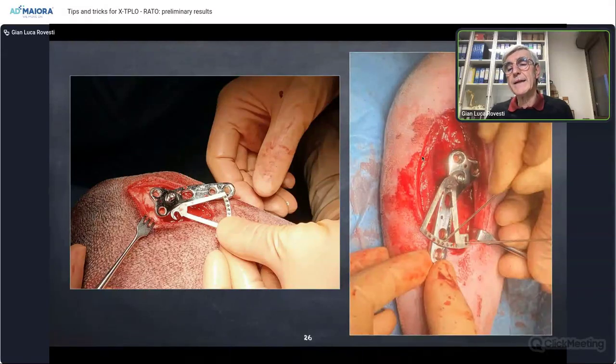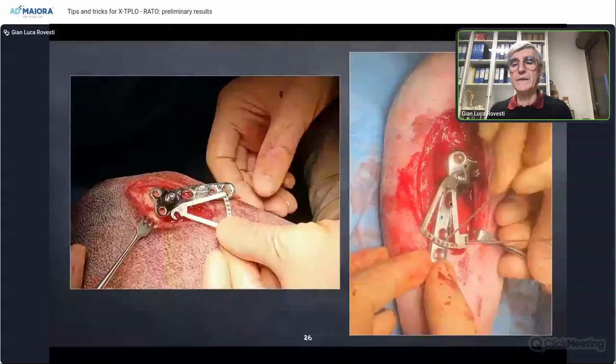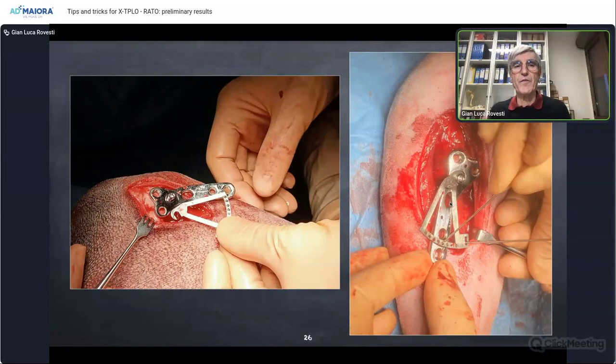We applied this guide, this goniometer, underneath the head of this screw, and we can measure the angle at which we are going to stabilize the plate on the proximal part of the tibia, in order to have the plate secured at a precise angle.